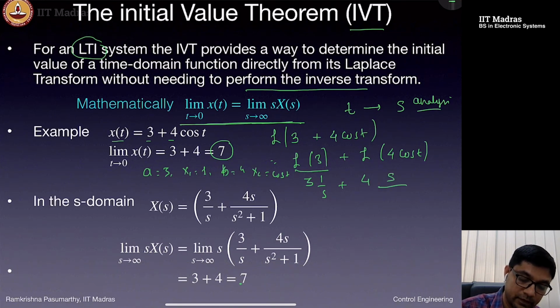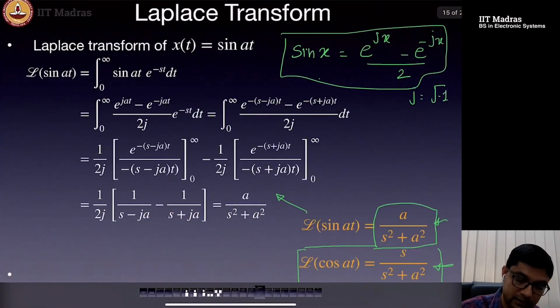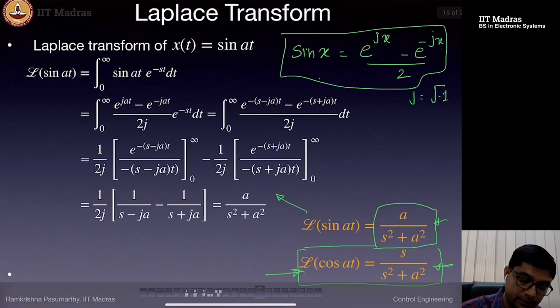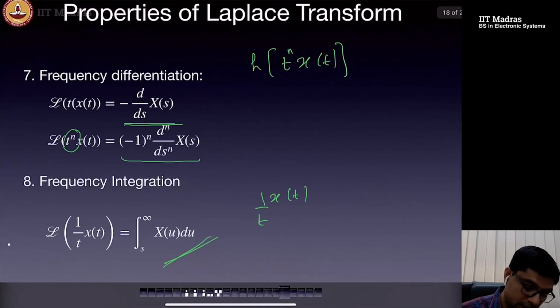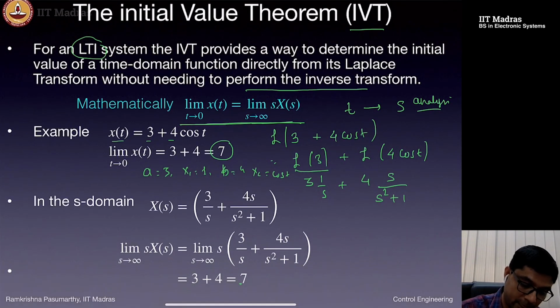That will be s over s square plus 1. We had derived this property of what is the Laplace transform for a cosine signal. I'm just using these two and get a nice expression of x of s like this.